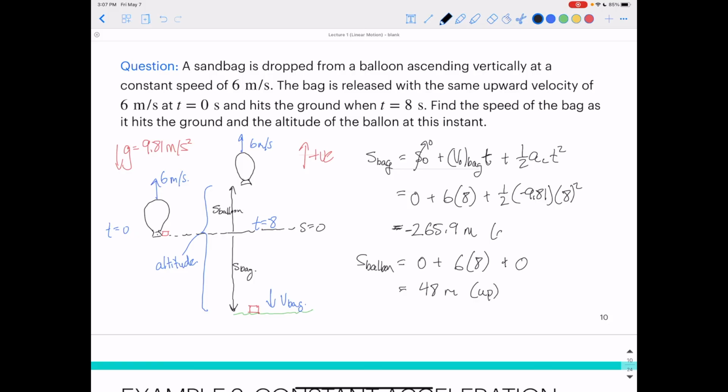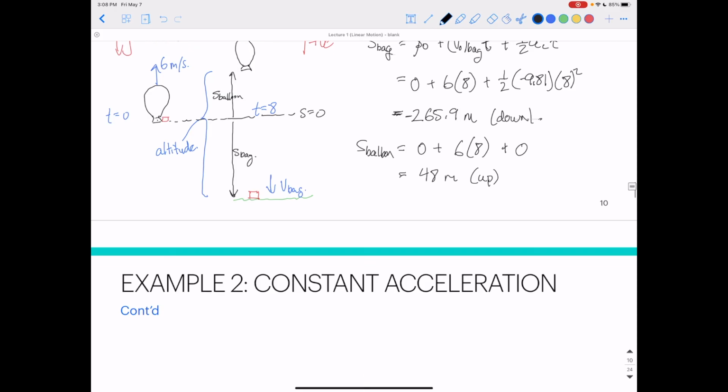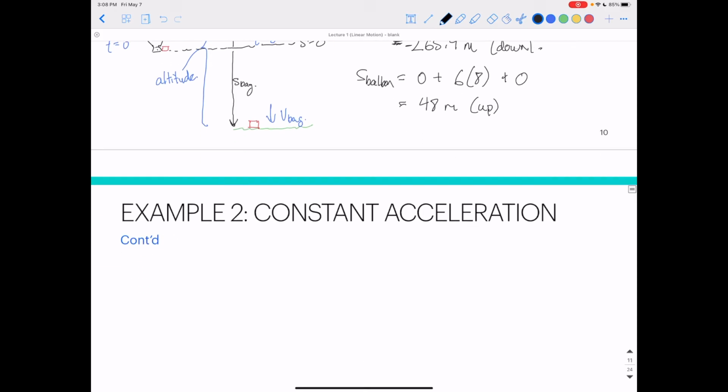And for the bag, we can write down. So the total altitude is equal to s of the balloon, the position of the balloon, minus the position of the bag, which is equal to 48 minus 265.9, which is approximately 314 meters.